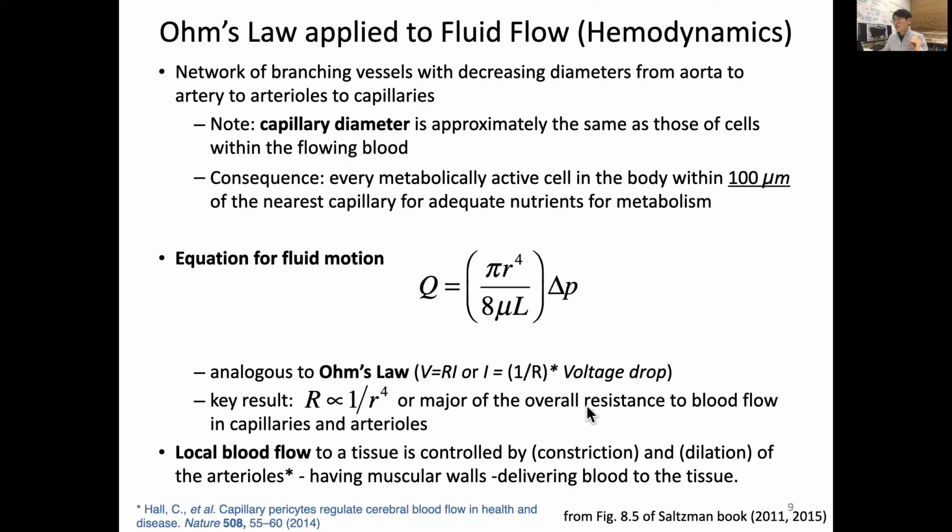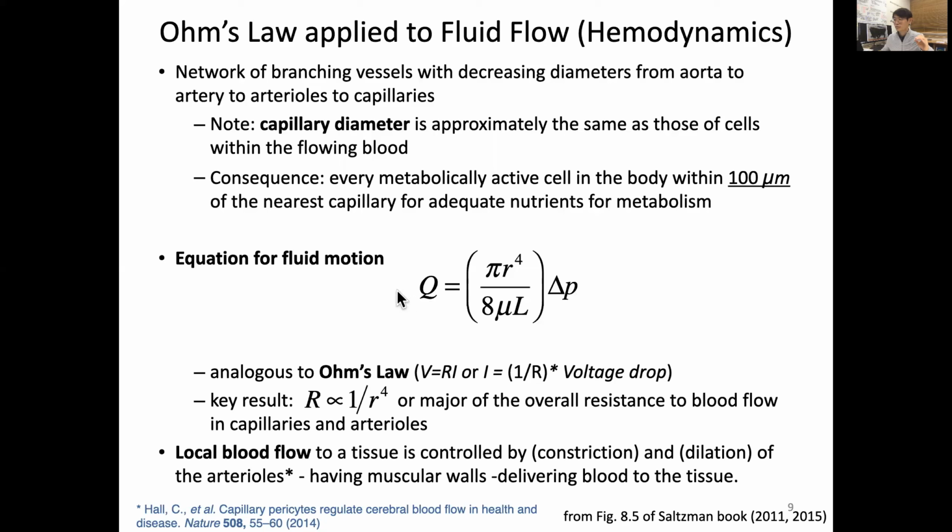So this is the major part of the overall resistance to blood flow, and you can see that the vessels with the smallest radius will have the highest resistance. For example, if the blood vessel diameter is decreased by half, how much will the resistance increase? It is 2 to the 4th, 16 times harder to push the blood through.